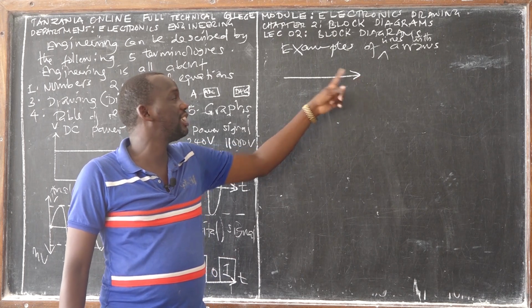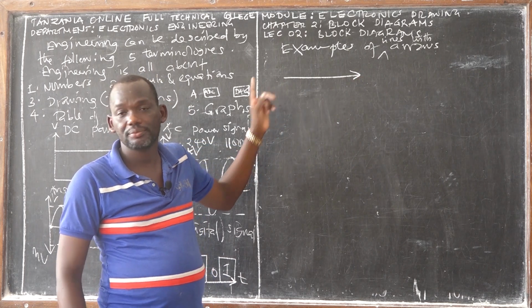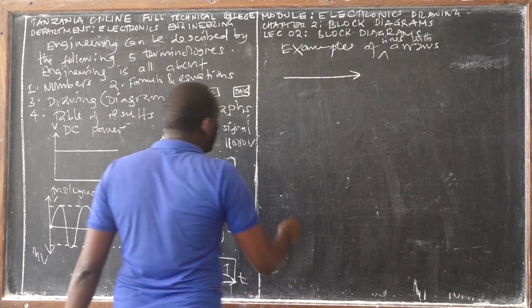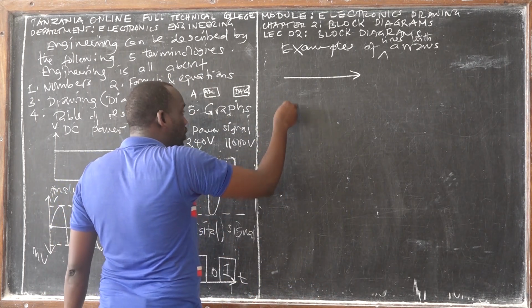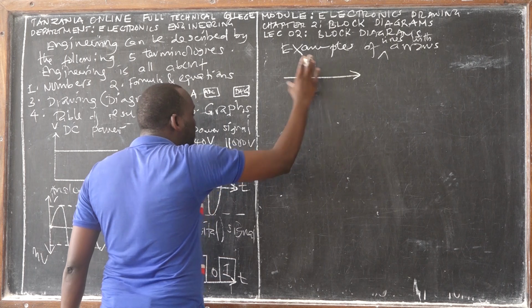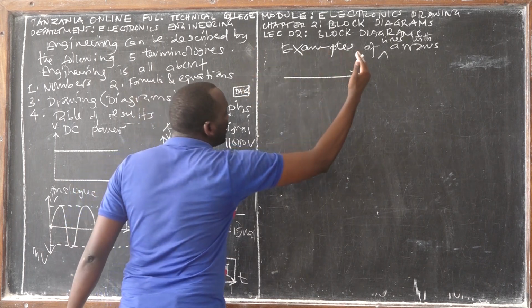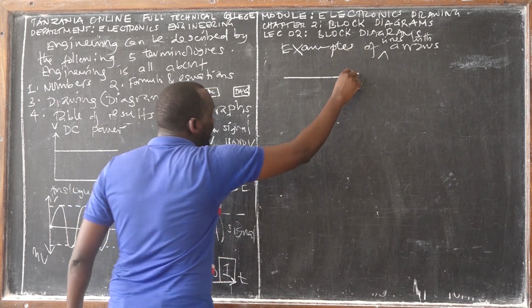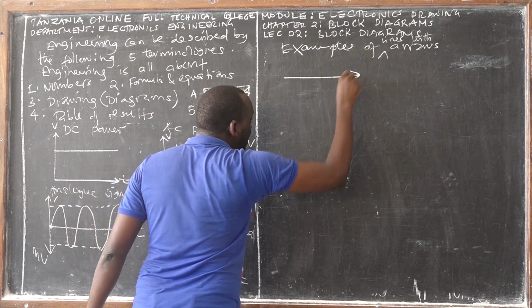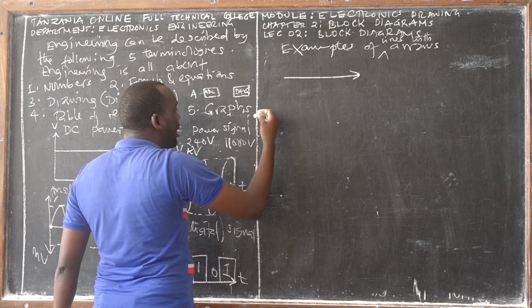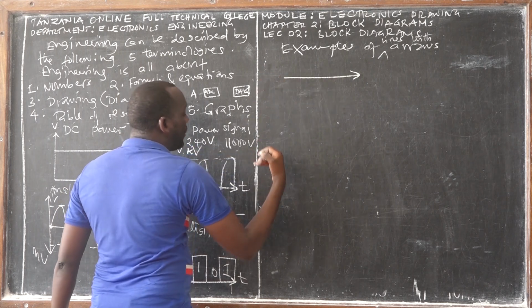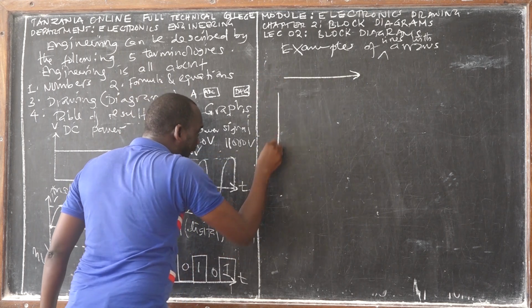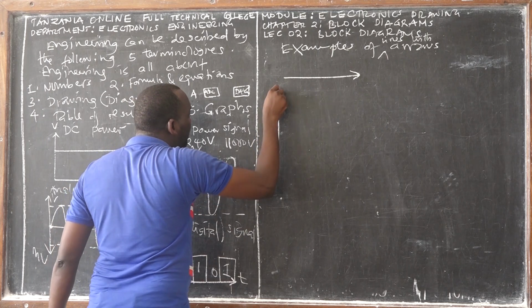Sometimes when you see this arrow drawn, we expect one block here and another block there. So at the source we have one block, and at the destination another block. Also sometimes you may have one block on the top and another at the bottom, so these arrows can also be drawn vertically.